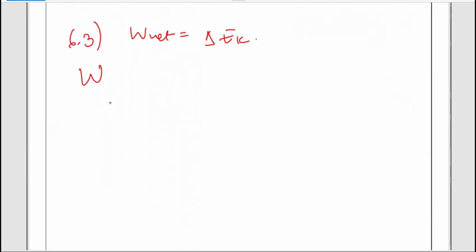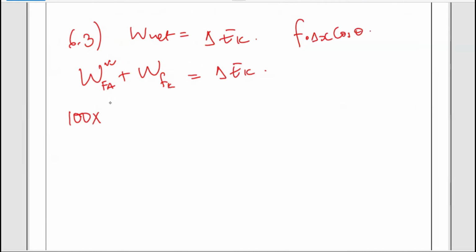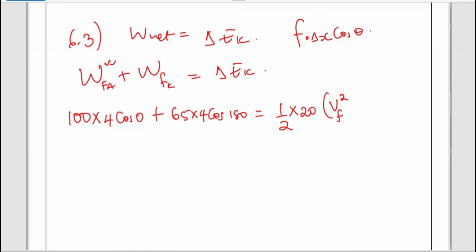The work done by the applied force plus the work done by the frictional force should give us the change in EK. Because the work is force times delta x times cos of theta, we have 100 multiplied by 4 cos 0, plus 65 multiplied by 4 cos 180, which gives half the mass, which is 20, times V final squared minus V initial squared, which is 0.